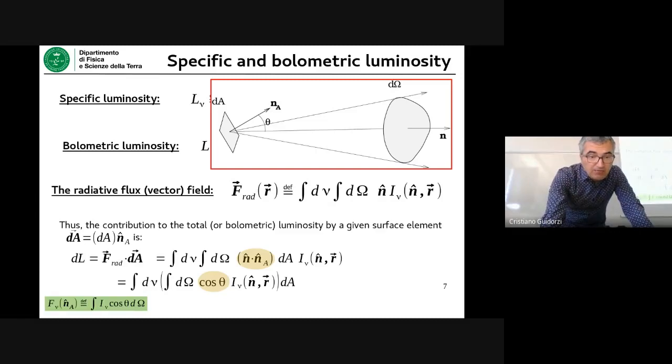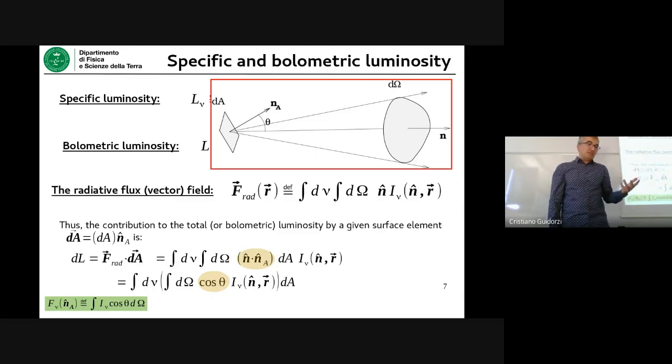But if you remember the definition of specific flux, which is exactly what I wrote here on the bottom left of this slide, we defined the specific flux as a scalar in that way. So I weighted by the cosine of theta.